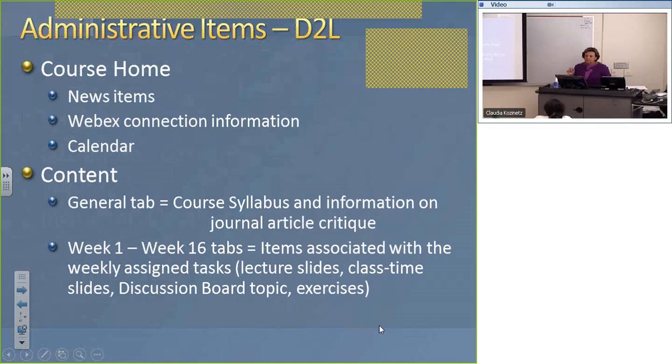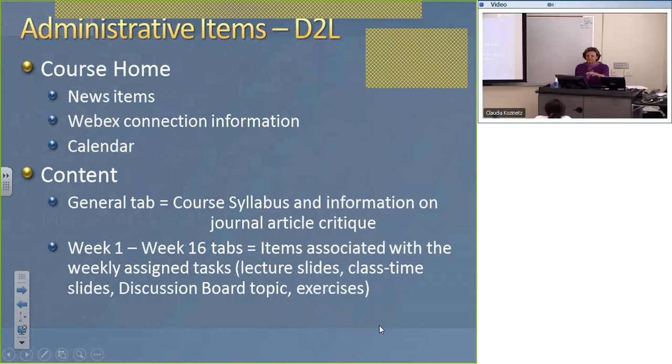So generally, D2L is divided into the course home. When you initially open D2L, you're going to see any news items that have been posted so far. I believe there's been a welcome to the course, and I also indicated that the course syllabus had been updated. The most current version is version 4 with a date of August 25th.